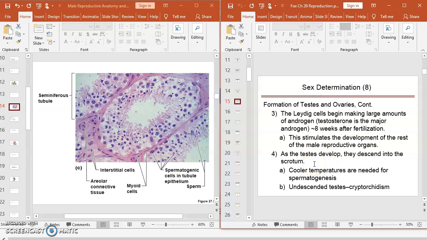Why does that occur? Because the body temperature would not allow the production of sperm. It's too hot. So it has to be taken down into the scrotum, and if it's not taken down, it's called cryptorchidism, and when that occurs, you cannot produce the sperm. Now you also have a muscle called the cremaster muscle, and that cremaster muscle can pull up or relax if it's real cold, because too cold also will not produce the sperm.